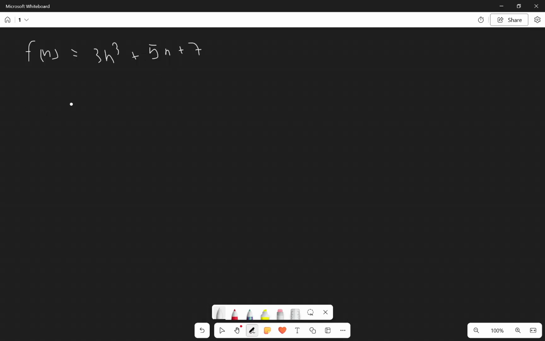Let's have three functions as candidates. For case 1, gn is equal to n.